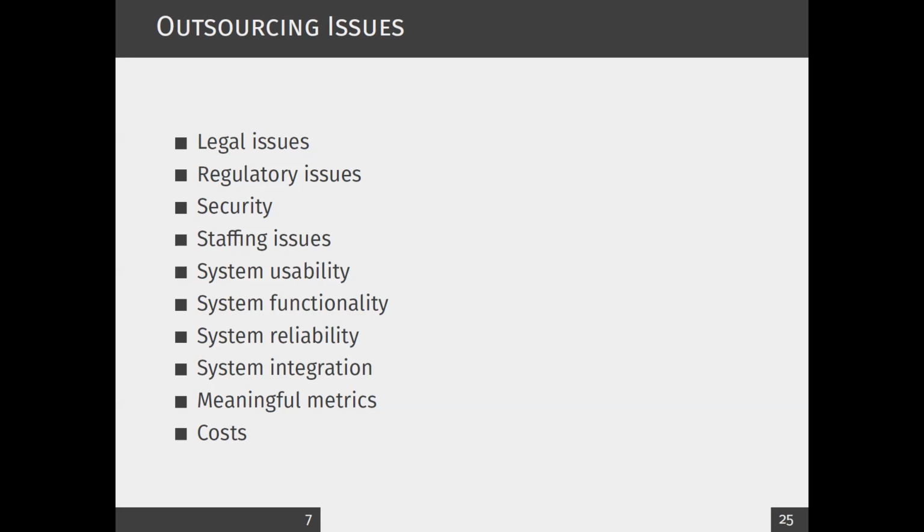The meaningful metrics, right? For example, how much you are going to spend on building the system. Will it increase our sales?